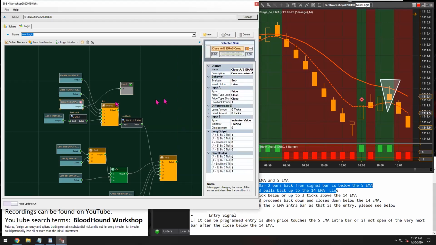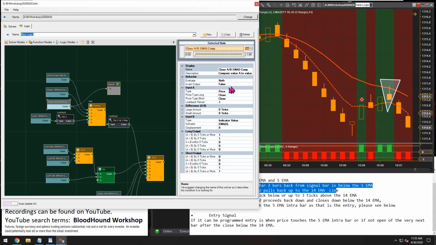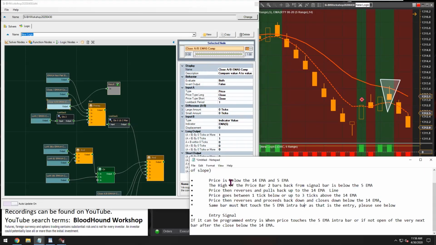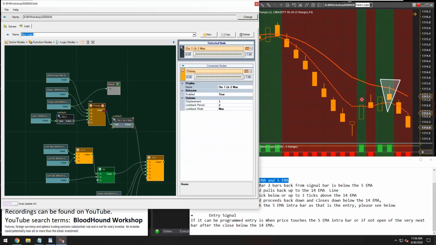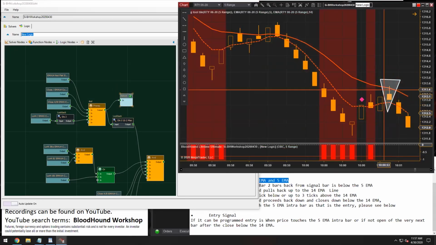Let's see, this was comparing the close to be above or below the EMA5. Let's see what this was. It says price needs to be below the EMA14 and 5. So here we go.